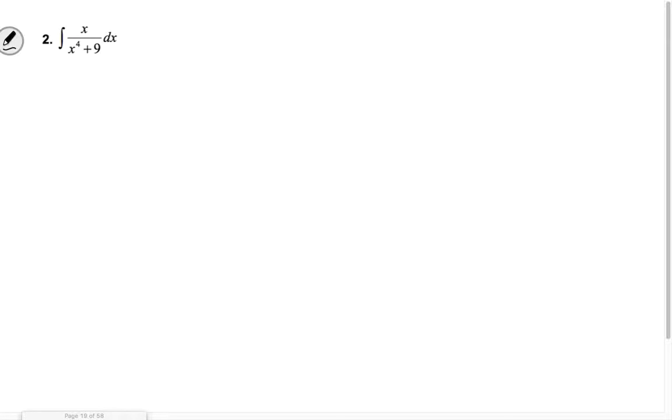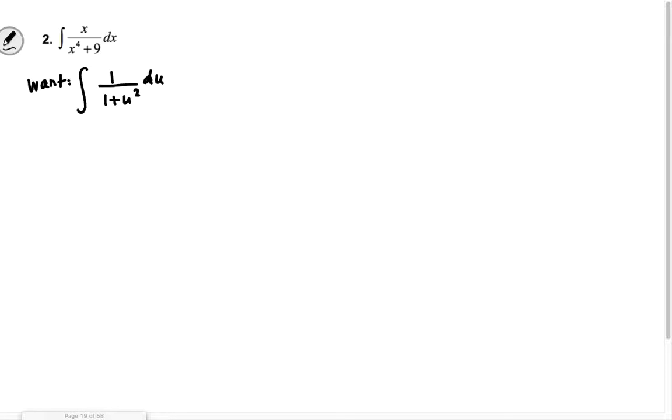So that's when you think about your two different formulas. Does this one look most like inverse sine, which involves a square root, or inverse tangent, which doesn't? Inverse tangent, surprise, surprise. So we want to get it in the form 1 over 1 plus u squared, or you can say 1 over u squared plus 1 if you want. Okay, this one's going to take some moving around, some fixing.